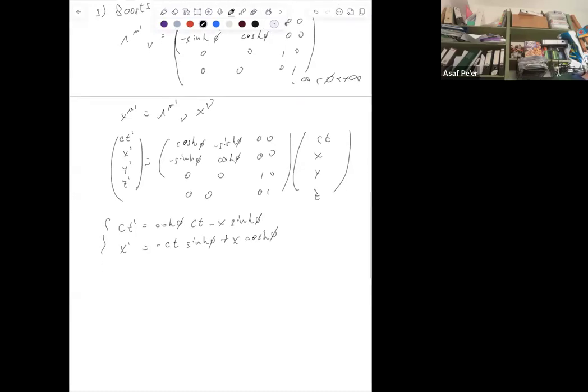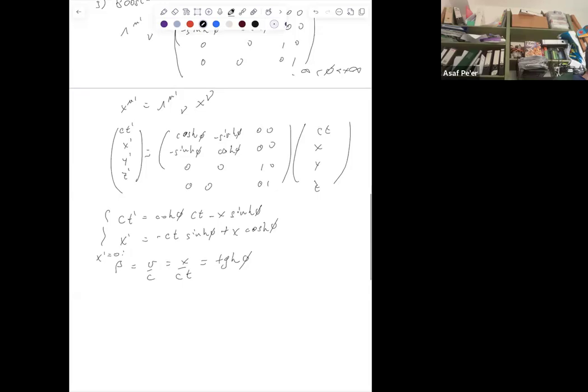And then at x prime equal to 0, the velocity beta is v over c, is x over ct, is tangens hyperbolicus of phi. And then we got cosine hyperbolicus of phi is (1 minus tangens squared hyperbolicus of phi) to the minus 1 half.